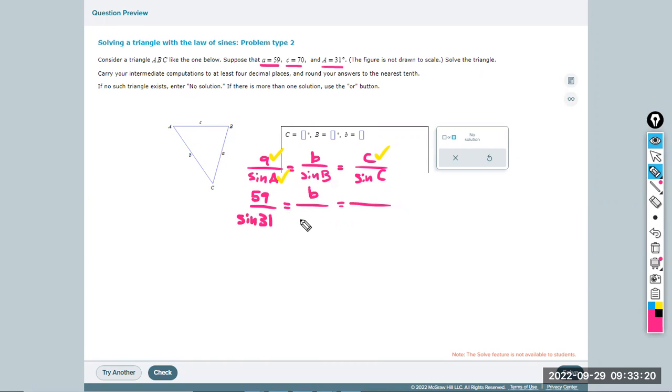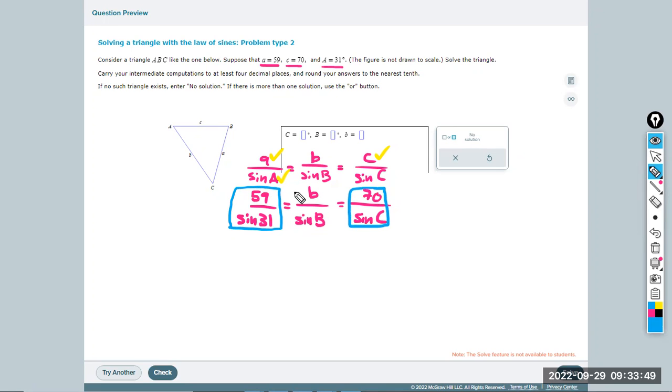I don't have B or angle B, so I'm going to leave those like that. And C is 70, and angle C, I don't have it. So remember that we can apply the law of sines if we have a complete column. That means that we have both A's, both B's, or both C's. In this case, we have both A's.